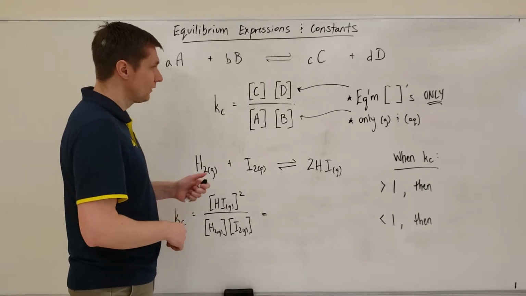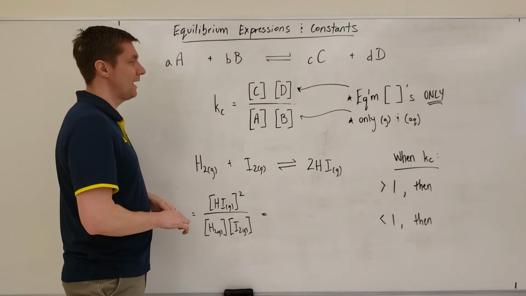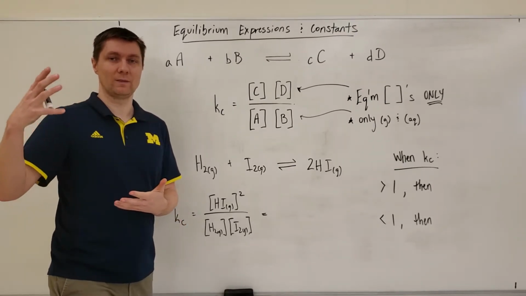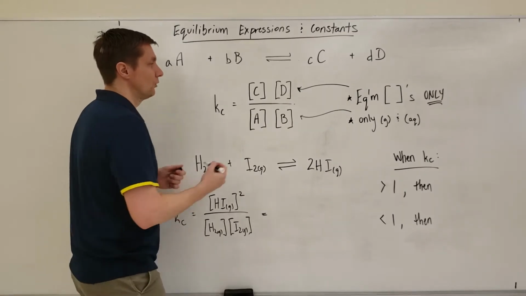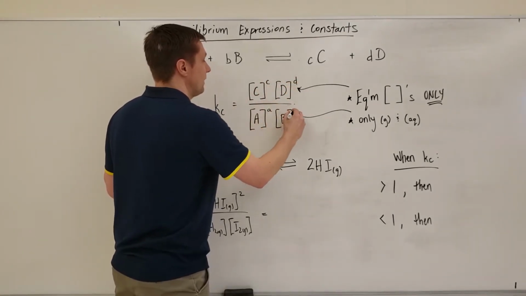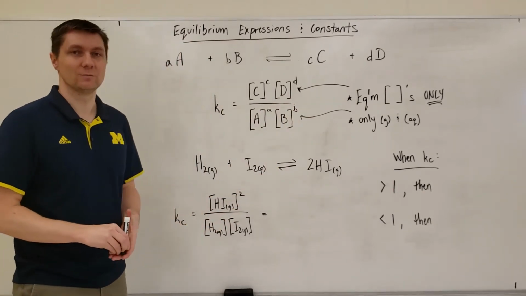Now, for your concentrations, you have to raise them to the exponent of their coefficient. So you can see here I'm going to write in an exponent for each of those substances.